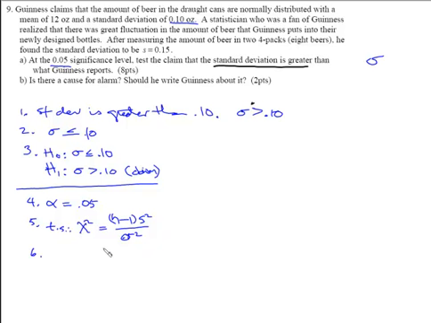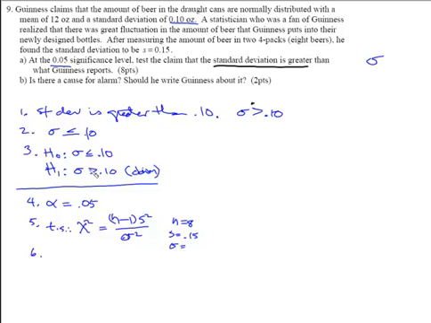Not only do we compute our test statistic, but we also need to find our critical values. Our n is 8, and our sample standard deviation is 0.15, and we're testing sigma.